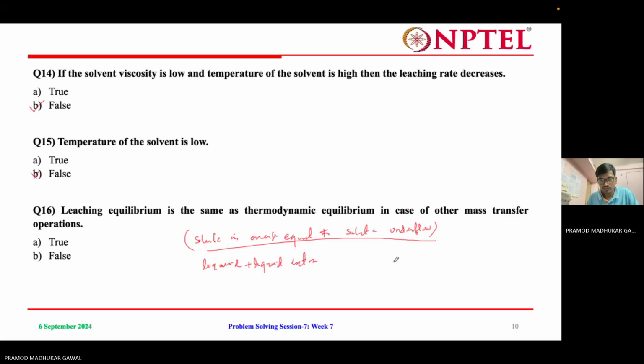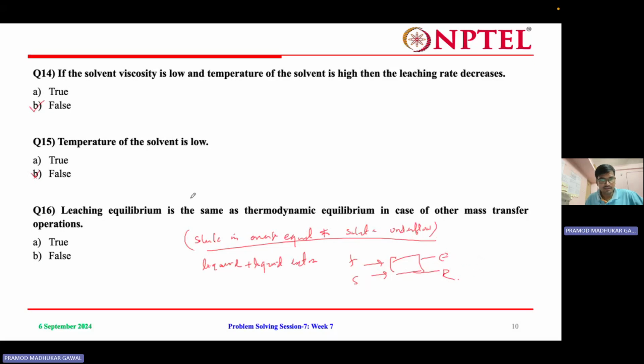There, the solvent's capacity to extract the solute is called the extraction efficiency, but the concentration of the solute in the extract is not the same.